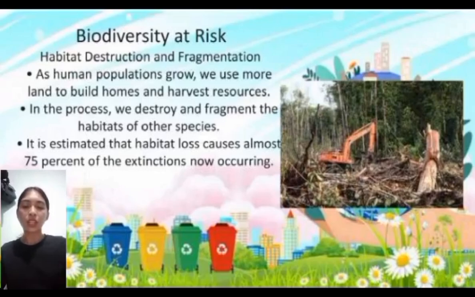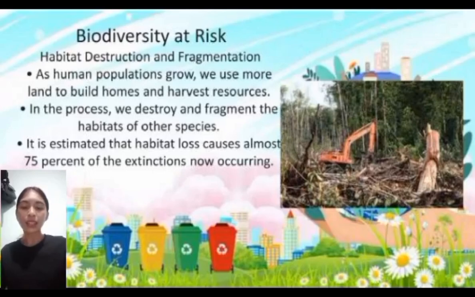Habitat destruction and fragmentation. As human populations grow, we use more land to build homes and harvest resources. In the process, we destroy and fragment the habitats of other species.